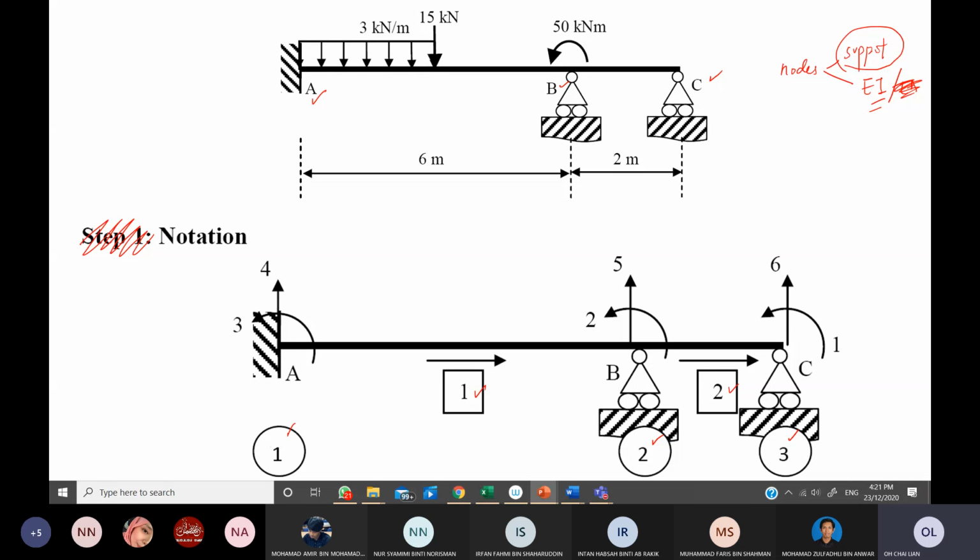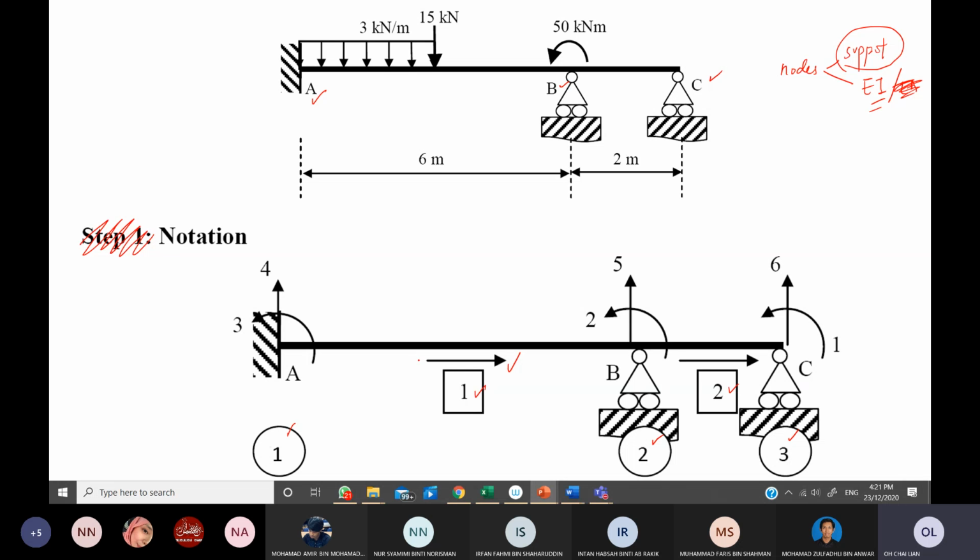This is similar for frames, composite structures, and also for trusses. Don't forget to draw the arrow, because this arrow identifies where the near end and the far end are.